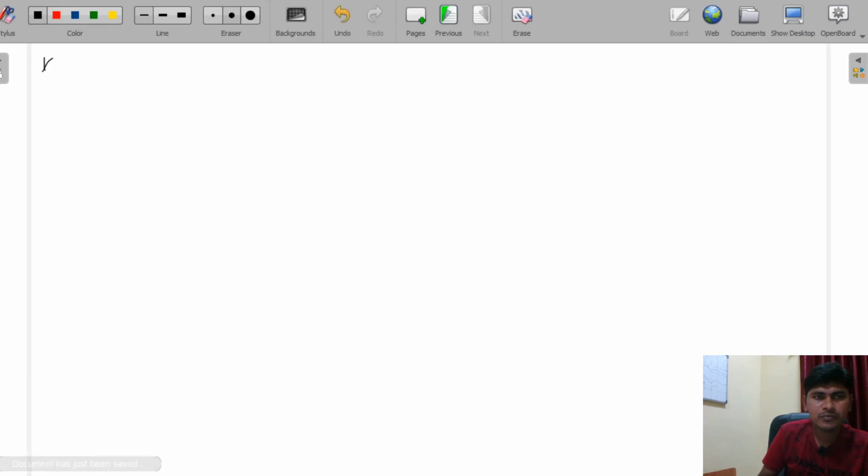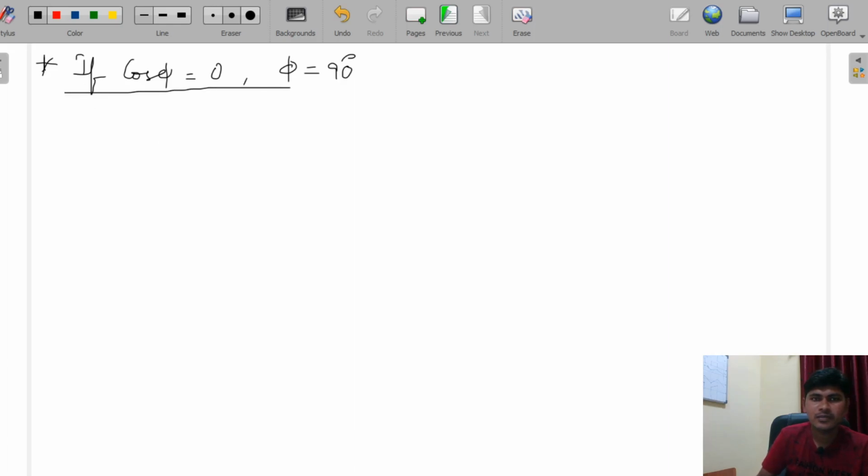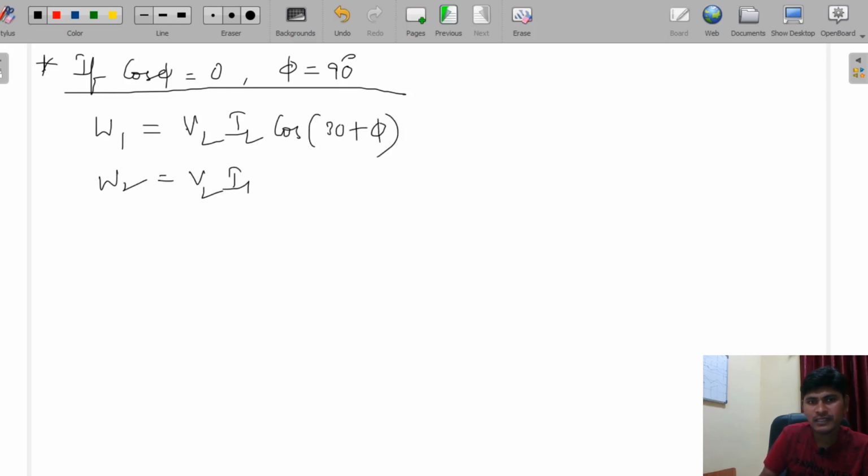Now coming to the next case, that is if cos phi is equal to 0, that is phase angle phi is equal to 90 degrees, then W1 is equal to VL IL cos of (30 plus phi). W2 is equal to VL IL cos of (30 minus phi).